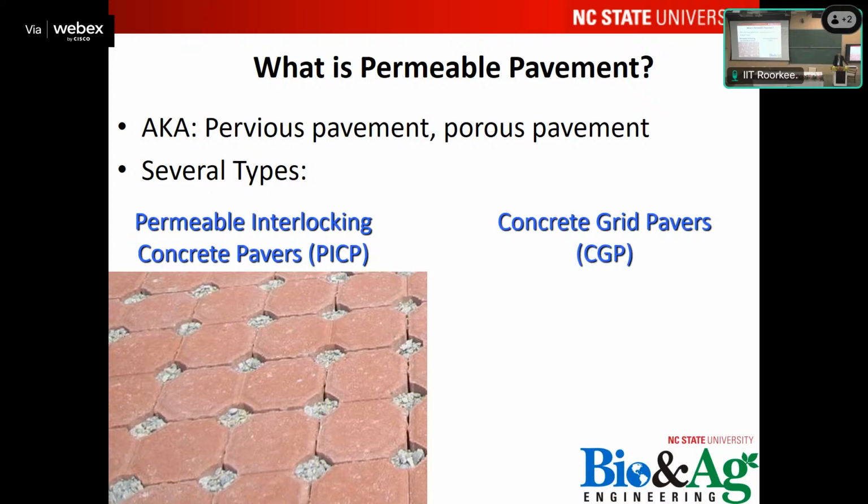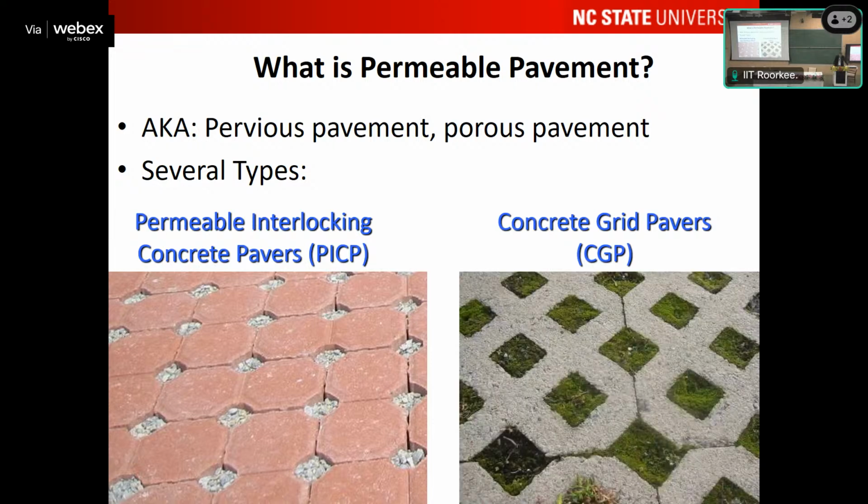Permeable interlocking concrete pavers, PICP. Now, another version of it, an older version, is something called a concrete grid paver. I actually saw some of these right here on campus, all right?